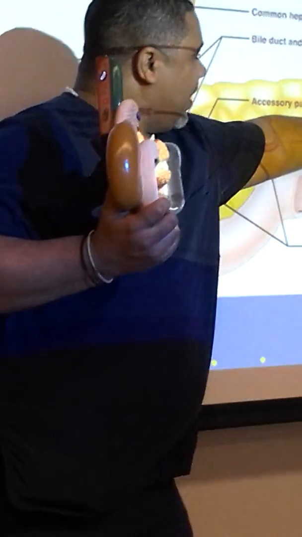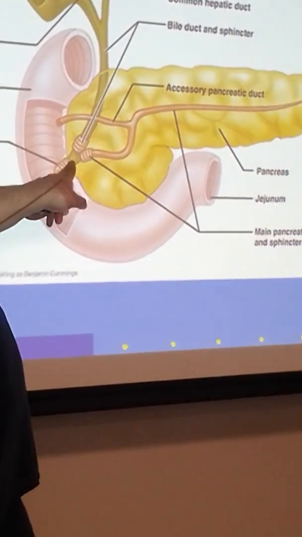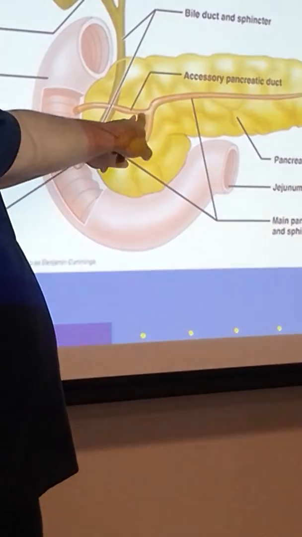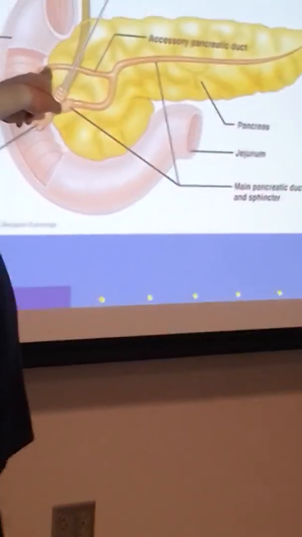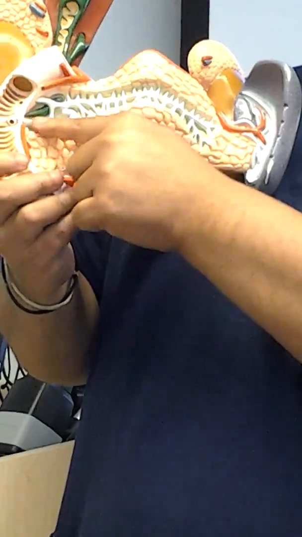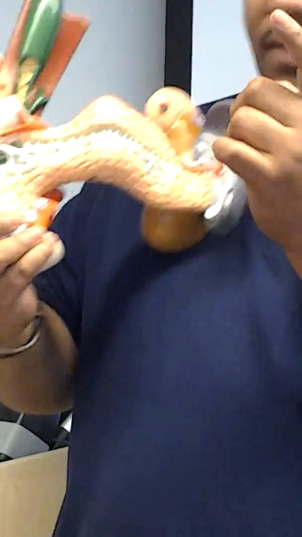This is the accessory. So when you look on here, the main comes across and then dips down like that. You see that? That's the main. The accessory then continues across. Be very careful of that, because obviously if I pin here and you go, oh, that looks like the main because it goes all the way across, no, that's the accessory. If I pin down here, that's the main. So be very careful on that, okay?